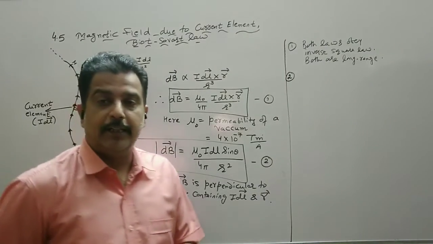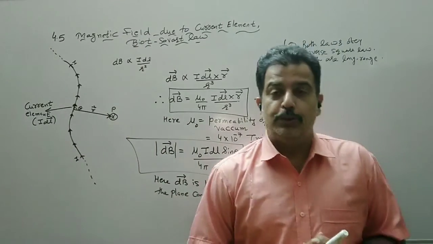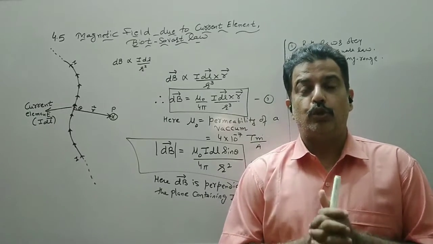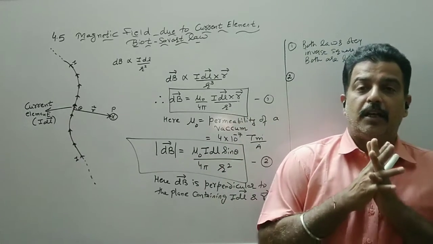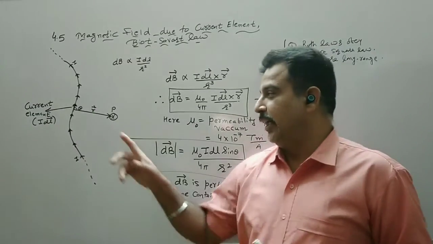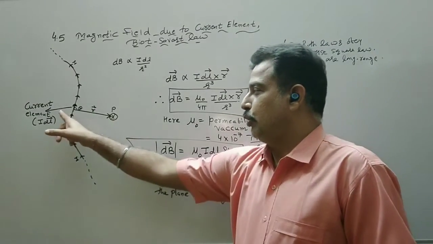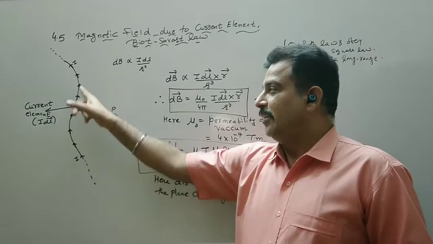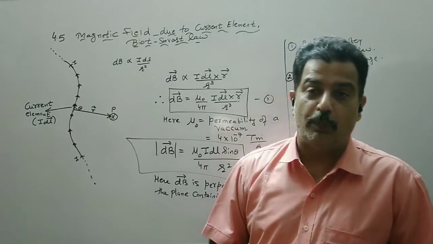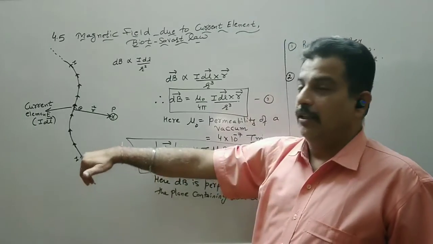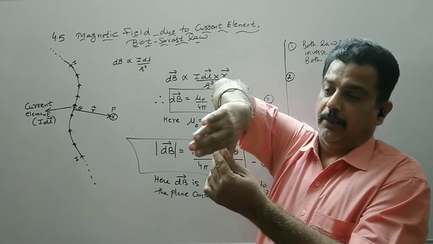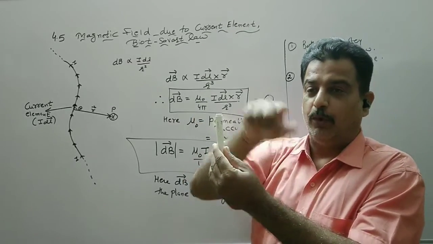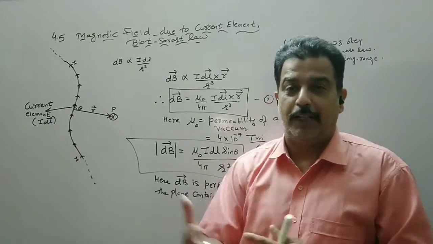Second, we have a dissimilarity. The electric field was produced by a charge, and charge is a scalar quantity. So the source of the electric field intensity is scalar. But here the magnetic field is due to the current element, written as I dl vector. The direction of the dl vector or the current also plays an important role. If the current is reversed, in the downward direction, the magnetic field will be clockwise, and at this point it will be coming out from the plane of the board, and for this point it will be going in. So the direction is reversed.